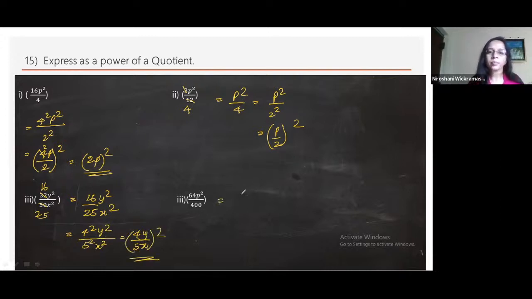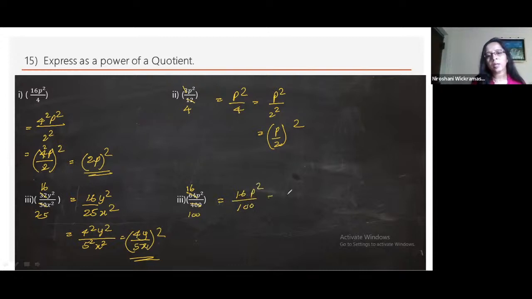64. Then you can write 64 is a square number, right? Even this 2 we can divide by 4. 16 over 100.